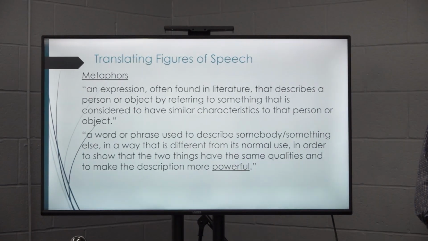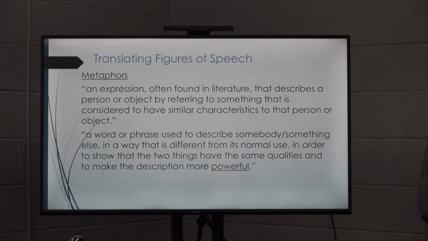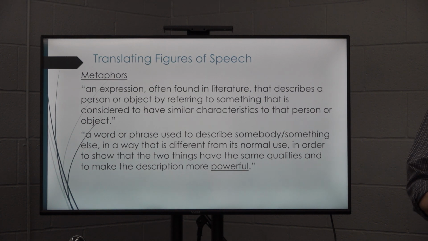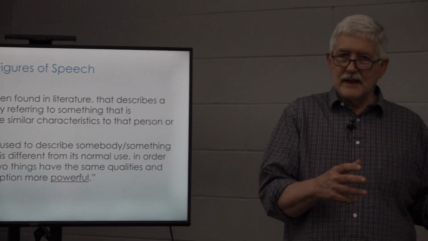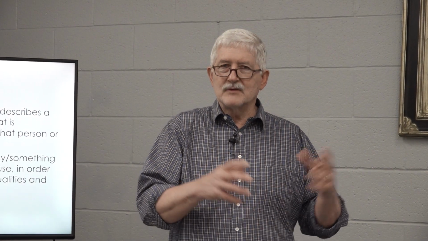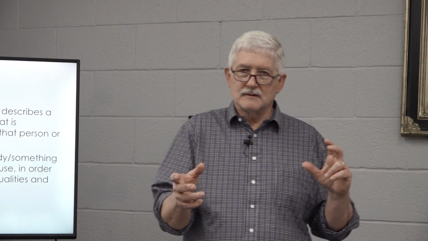Another definition, a word or a phrase used to describe something or somebody in a way that is different from its normal use, in order to show that the two things have the same qualities and to make the description more powerful. And when you make the comparison between A and B, particularly with metaphors, it's not that everything is similar, but there's some part that is similar.